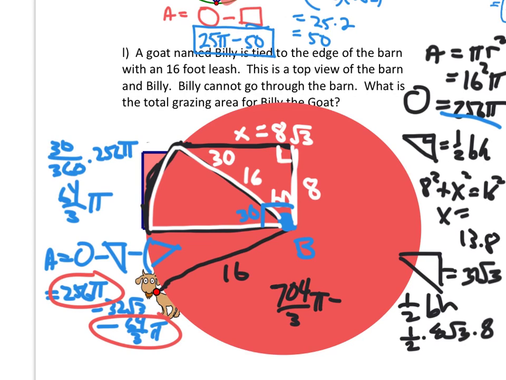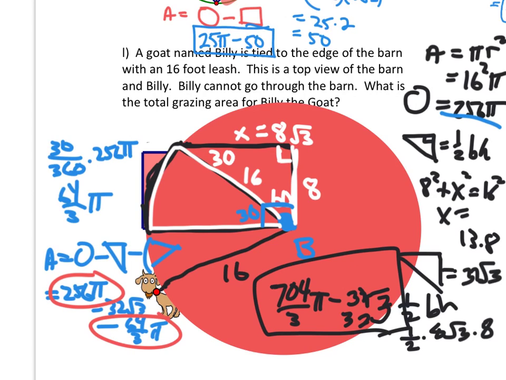Take away 32 radical 3. So final answer, 704 pi over 3 minus 32 radical 3 for the area in which Billy the goat can graze.